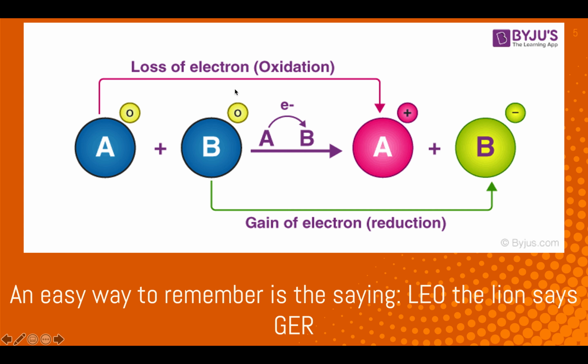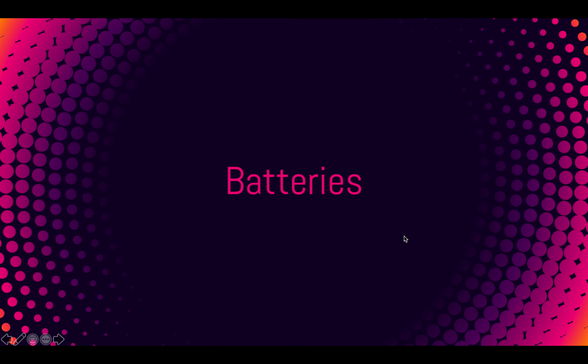And then B here is gaining electrons. So it is the reduction agent, and then it is going to become negative. And then an easy way to remember the saying is Leo the lion says grr. Leo, losing electrons, oxidation, and then grr, gaining electrons, reduction.